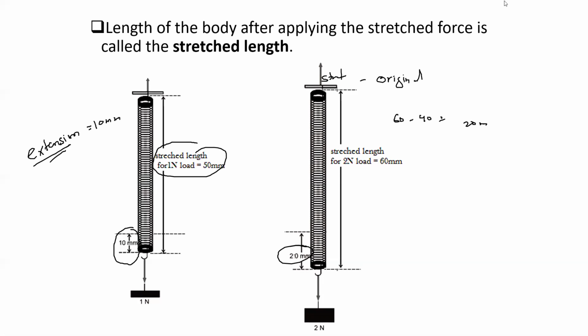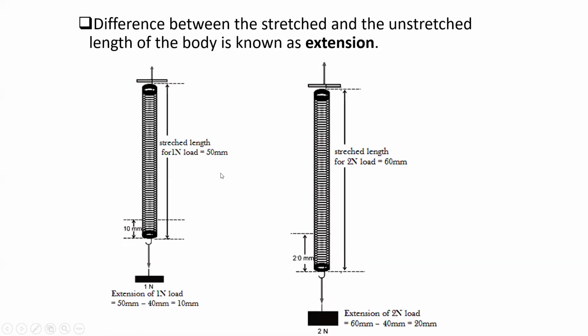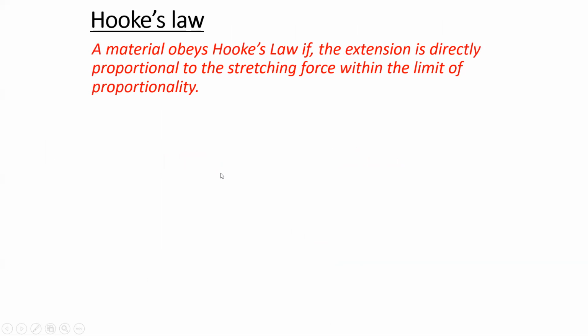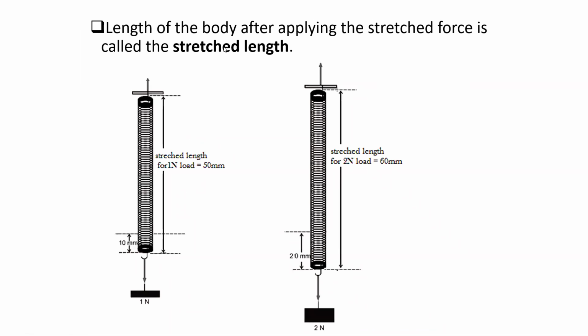So there is a law which explains this idea, known as Hooke's law. What does it state? It states that for a material which obeys Hooke's law, the extension is directly proportional to the stretching force. What does it mean? The extension is directly proportional to the stretching force. Like you can see in the previous example, when I apply a force of 1 Newton, what was the extension?